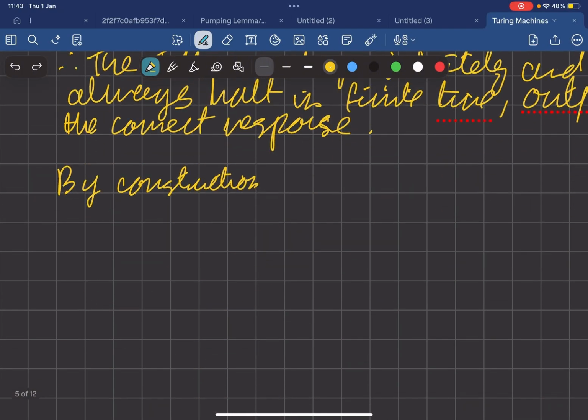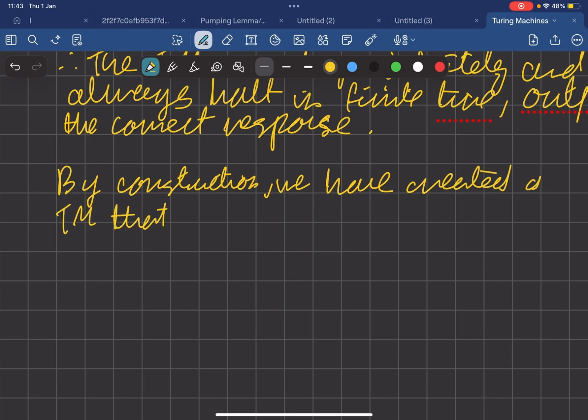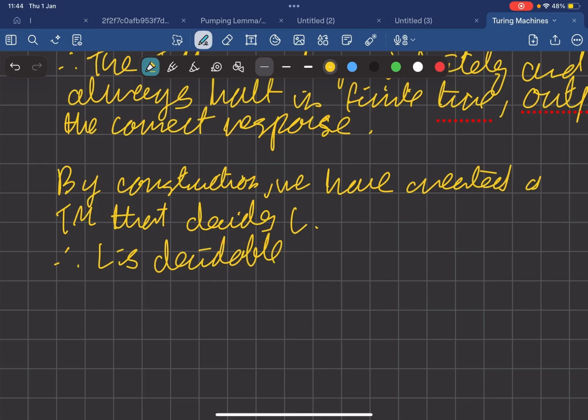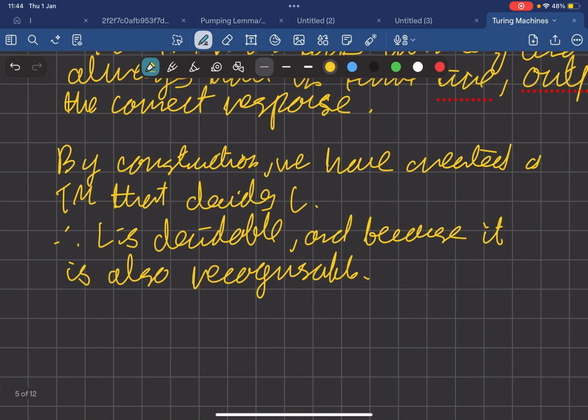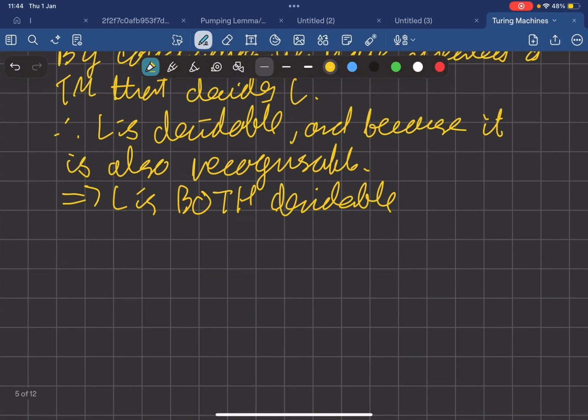So by construction, we have created a Turing machine that decides L. So that means that L is decidable, and because it is decidable, it is also recognizable, which means that L is both decidable and recognizable, which is the final answer.